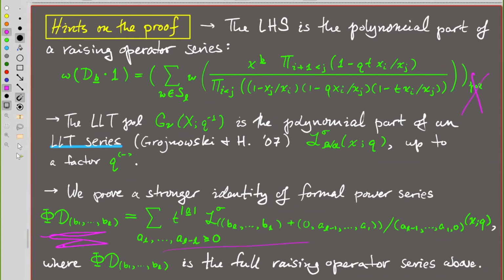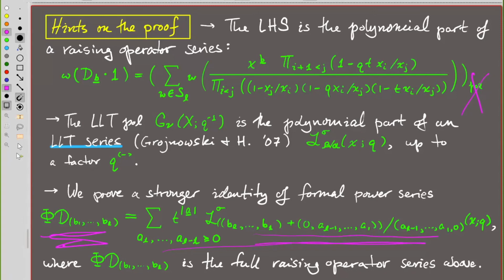And on the right-hand side, we have an infinite sum of these infinite series versions of the LLT polynomials. And we actually prove this identity. And you'll notice there's nothing about lattice paths in this identity. It's just a sum over all non-negative integer indices a. But what happens is that this kind of complicated index of the LLT polynomial will be an honest tuple of rows when it's a lattice path, and if you take the polynomial part, it'll kill all the other terms.